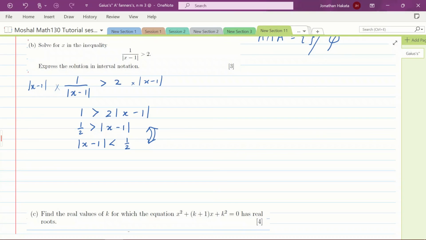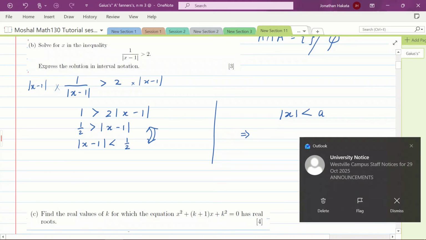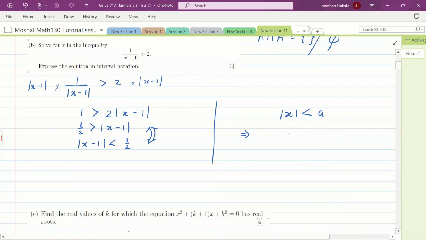There is a theorem, if you remember from your lectures: if you have something like modulus of x less than a, this implies that you can place x in between, and then at the back you will have a negative a, and in the front you have a positive a.